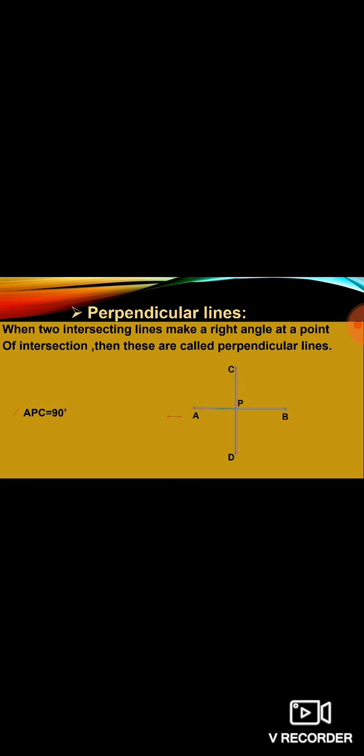You can see that we have point of intersection P. Here you can see that angle APC is equal to 90 degrees, or you can say that APC makes a right angle. So we can say that line AB is perpendicular to line CD. Symbolically, we will write it AB with the sign of perpendicular, line CD.